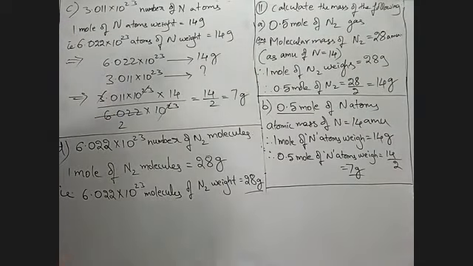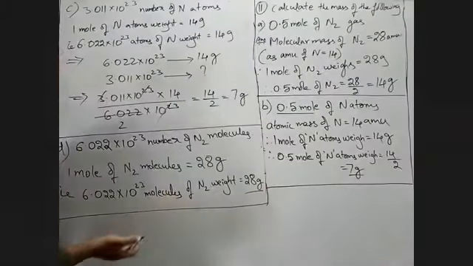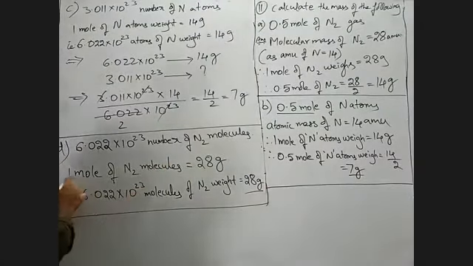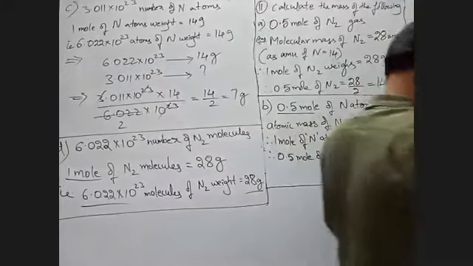So simple. The students got it. That's all. Here no calculation, only you need to know this: 1 mole means 6.022 into 10 power 23. Understood? Shall I wrap this side?